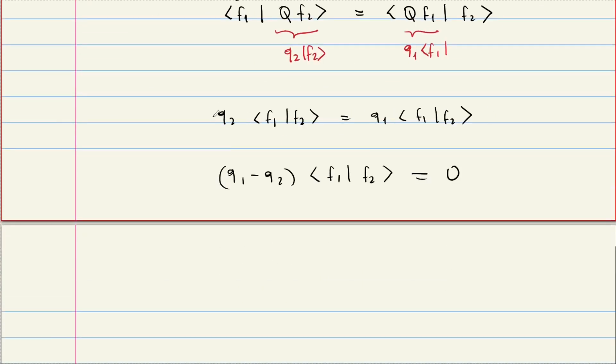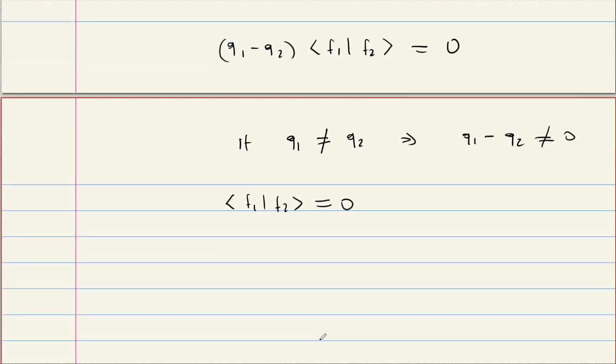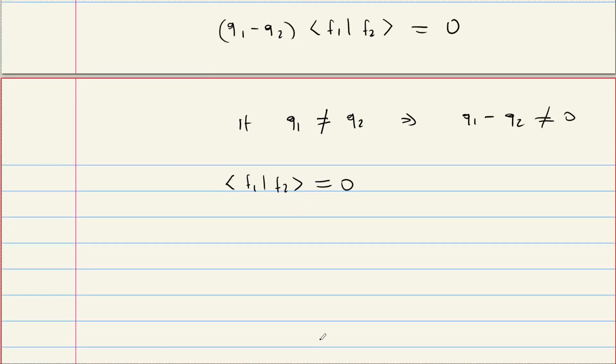I just combined everything on one side. Then if Q1 is not equal to Q2, that means F1 F2 is 0. And that means they are orthogonal, right? That's the proof. Therefore, F1 is orthogonal to F2.